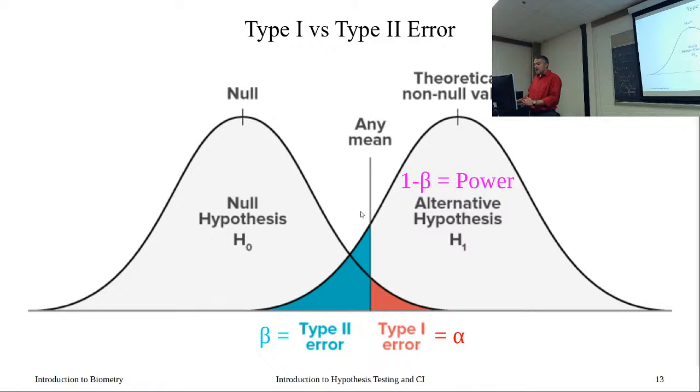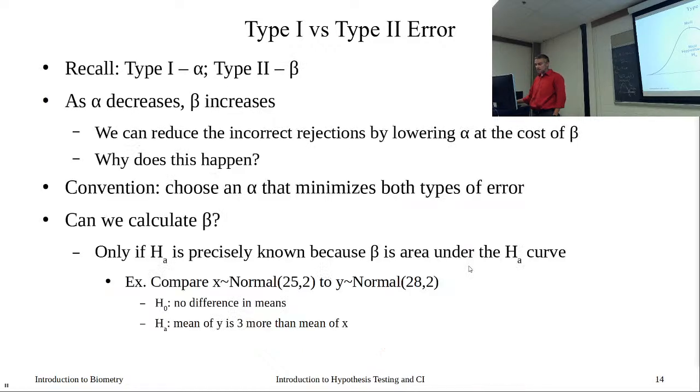Now, this alpha and this beta are somewhat arbitrary. We set the alpha, we set where that alpha is going to be: 5%, 1%, 0.5%, maybe 10%. That's arbitrary, but whatever our beta and power are depends on the true distribution of our test statistic.